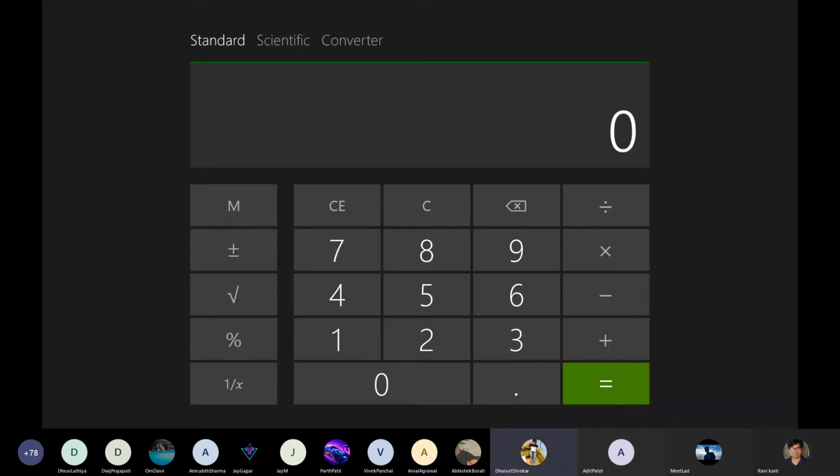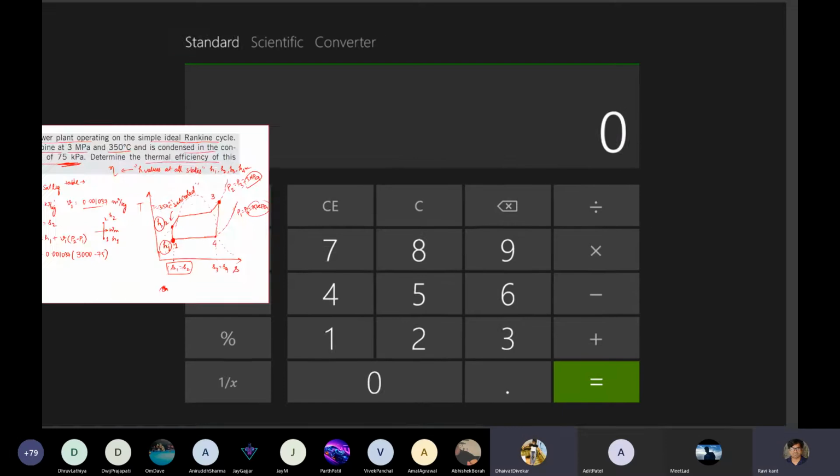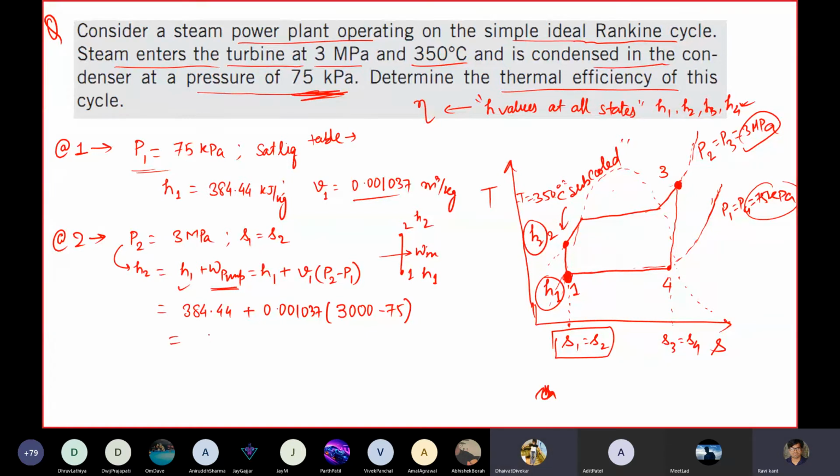So it is 3.03, about 3.03. So 384.44 plus 3.03 would constitute 387.47 kilojoules per kg. Good one.